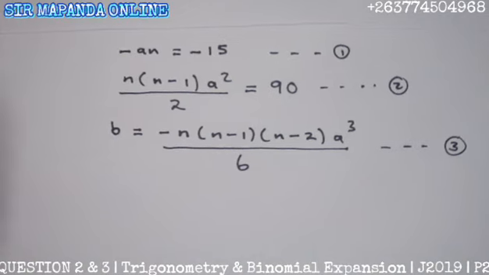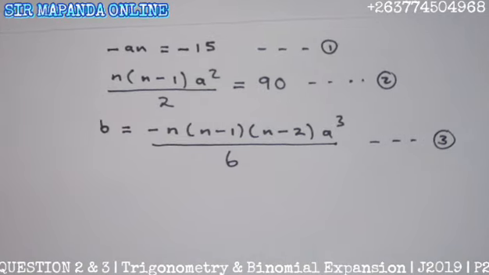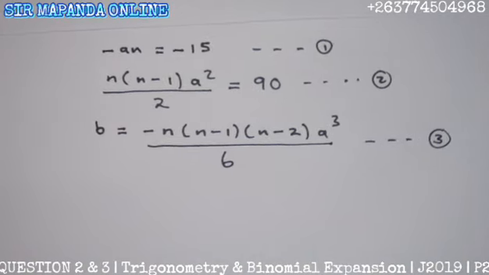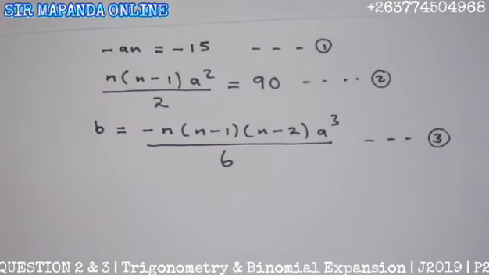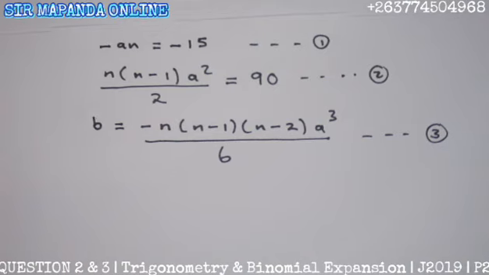Right. So we now want to solve the following simultaneous equations in order to find the values of a, b, and n. Starting with the first equation, you can notice that the negative signs cancel each other since they appear on both sides.